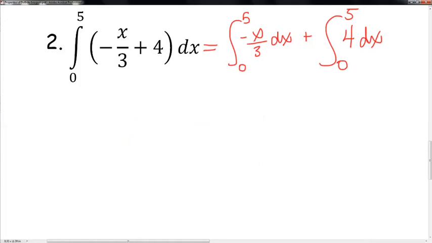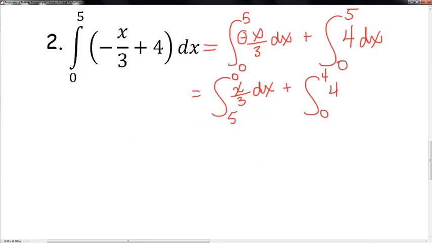Since this one is negative, one of our properties says I could switch my bounds. I could go from 5 to 0 and do the opposite version, which gives me a positive form of x over 3. And then I have my other integral.